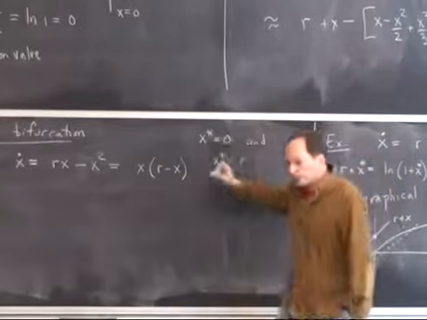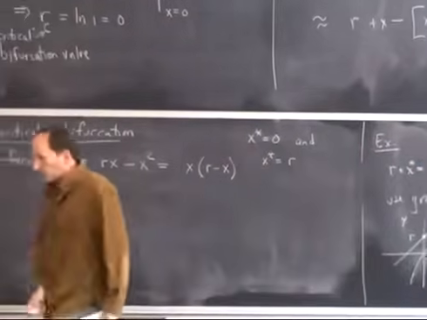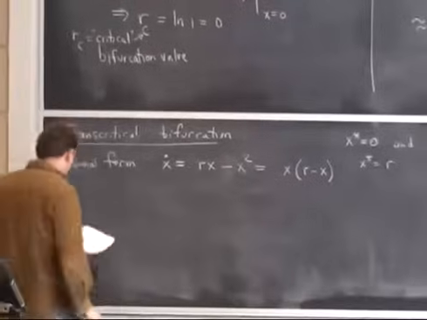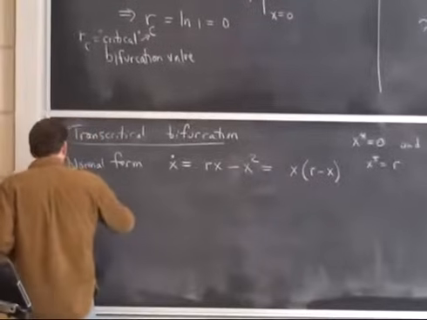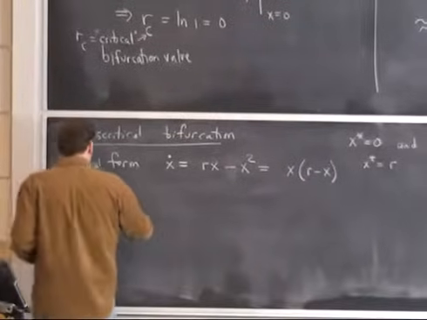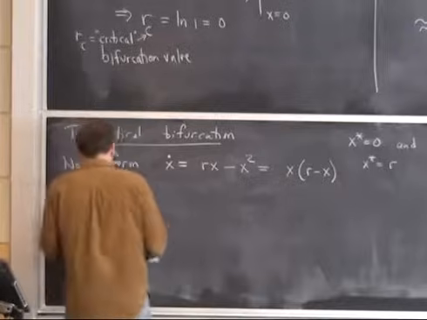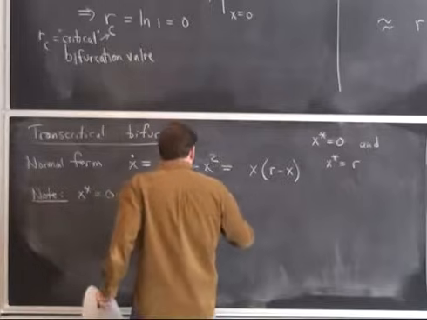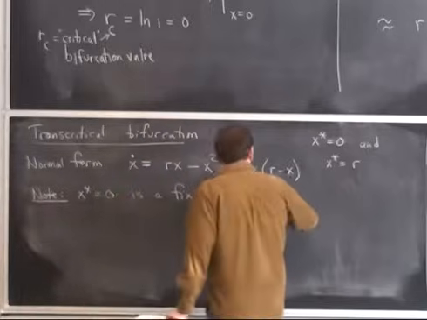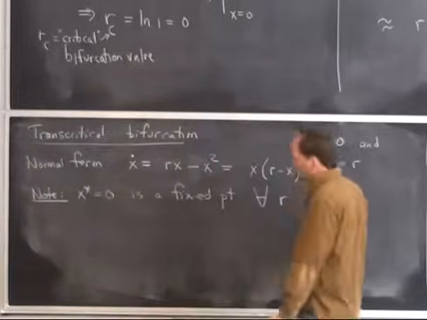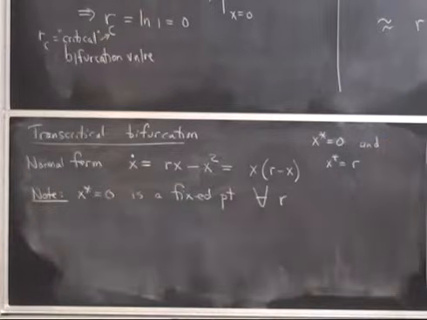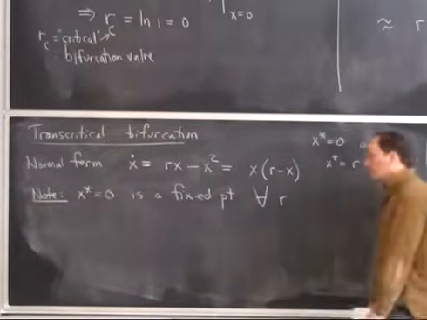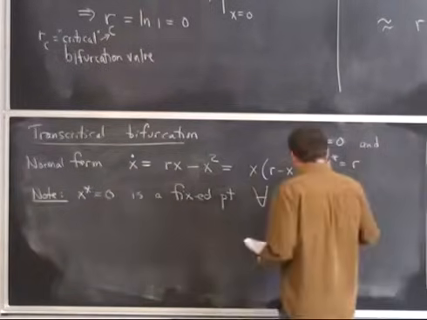There are some situations where there will always be some fixed point for all values of the parameter. So it's a fixed point for all r. Let me use that symbol for all, to save a little bit of writing. And it cannot be destroyed.